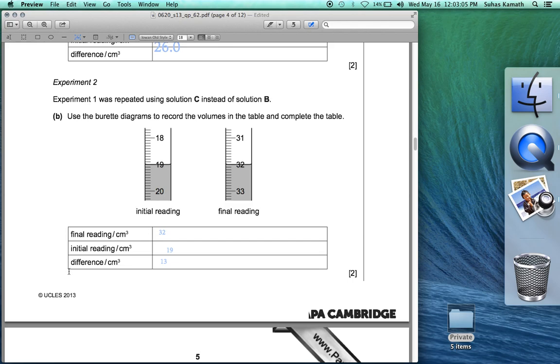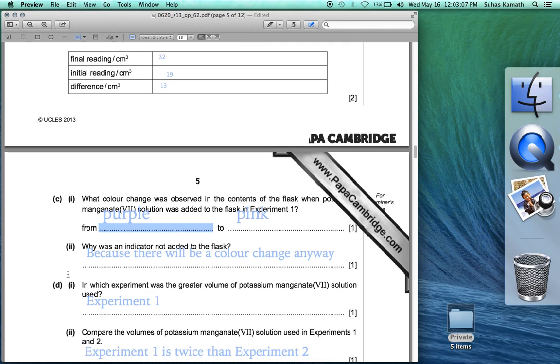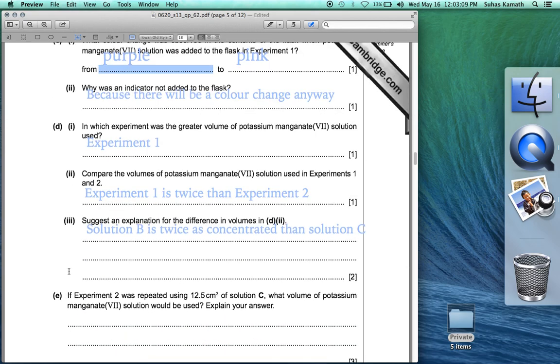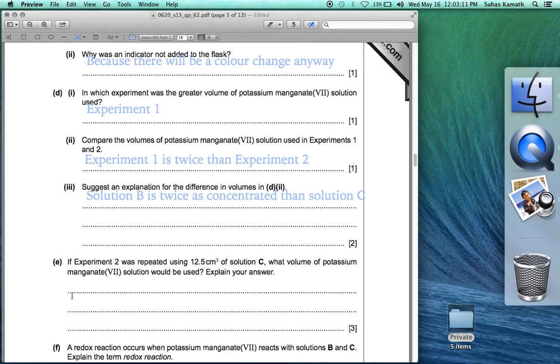In place of 13, it will be 6.5. So write it down here: 6.5 centimeter cubic. Should I write cubic here? Cubic.